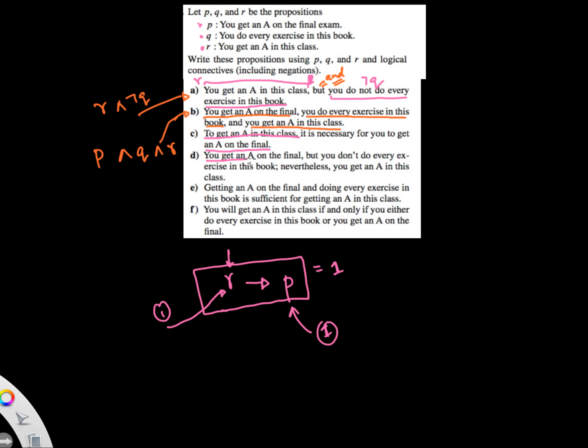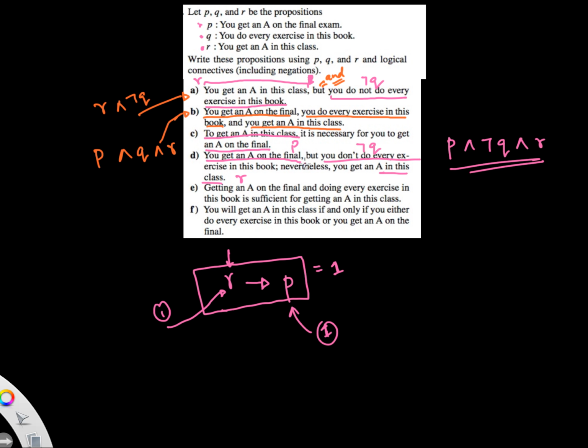So you get an A on the final, which is P. You don't do every exercise in this book, which is not Q. And finally, nevertheless, you get an A in this class, which is R. So this is a simple example of a conjunction being applied across all three propositional variables. So I have P and not Q and R.